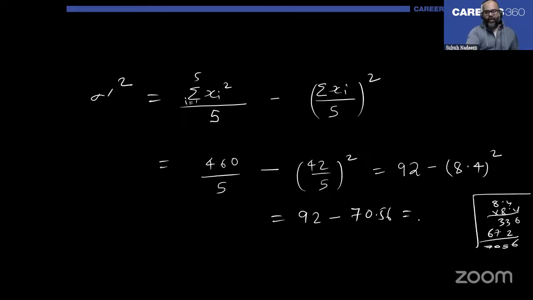So 92 minus 70.56 is 4 here, and 9 minus 5, 4 here. And then we have 11, 1 minus 0 is 1, 9 minus 7 is 2. So it is becoming 21.44. This is 21.44.